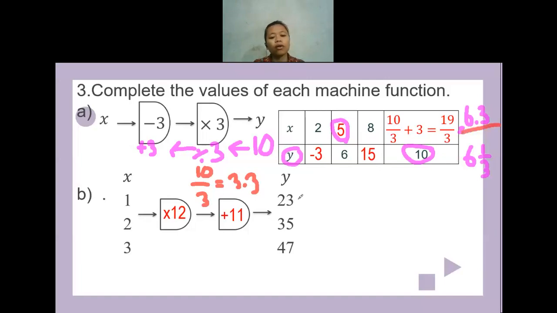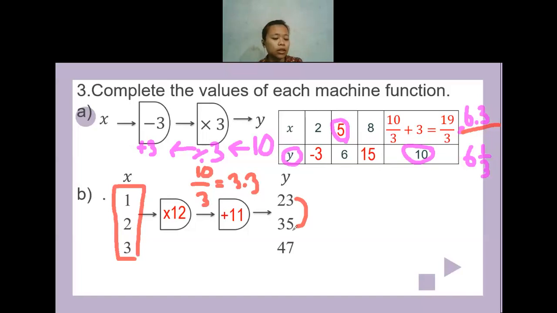So for 3b, this is also the same method when we are going to find the position to term rule. So the first thing that we have to do is find the difference from 23 into 35. As long as you have to make sure that the input is already in order. The input is from 1 into 2, so it means I can check from 23 into 35.